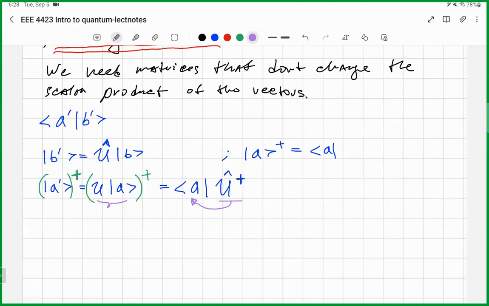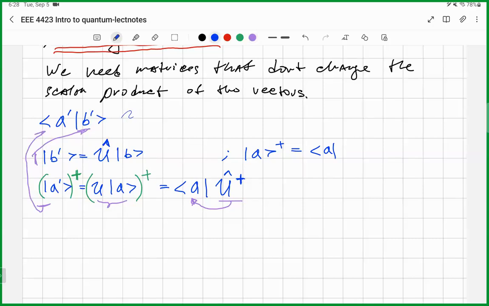All right, so now we have this formula for the b. We can plug this into the expression above, and for the bra a we also get one.